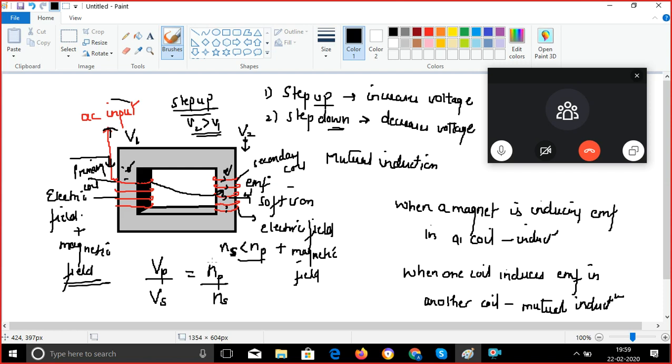So what was the mutual induction principle again? Yeah, I've written it here. You can see, when one coil induces EMF in another coil, right?